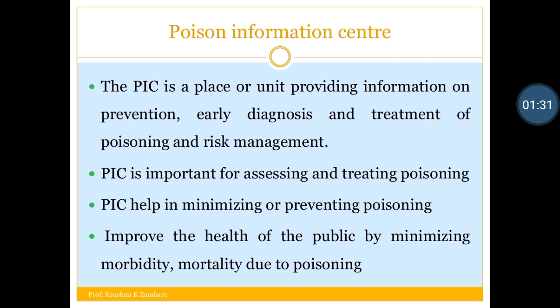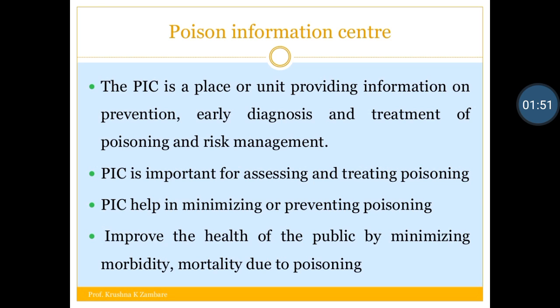Then the poison information center helps in minimizing or preventing poisoning cases. If poison is available nearby, we should keep these poisonous materials or chemicals properly and securely, so that we can minimize or prevent poisoning cases.